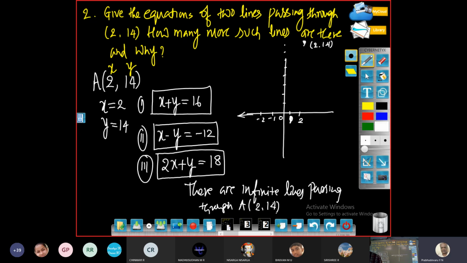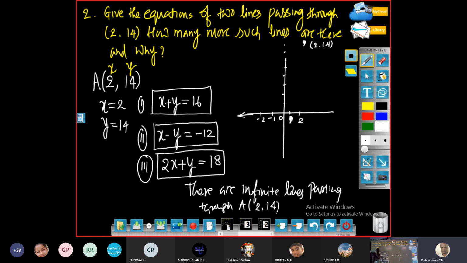Because of Euclid's axiom, you know that through a single point we can draw infinite number of straight lines. You have studied this in the chapter Euclid's geometry, isn't it? You can write that through a point, infinitely many lines can be drawn.